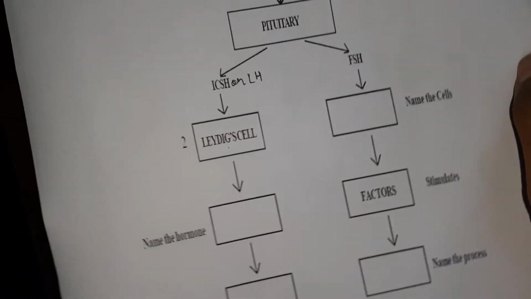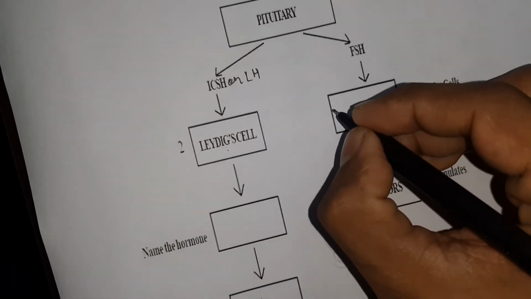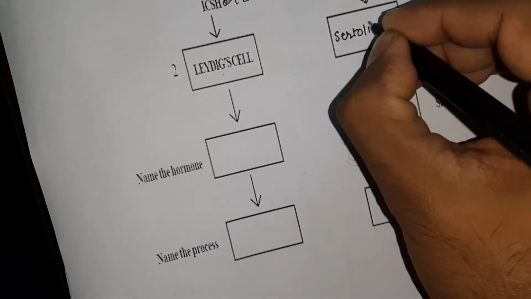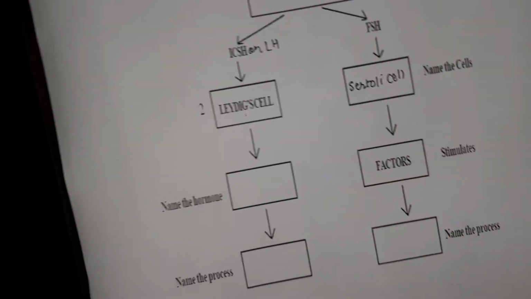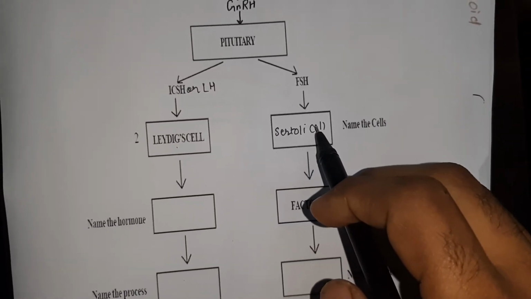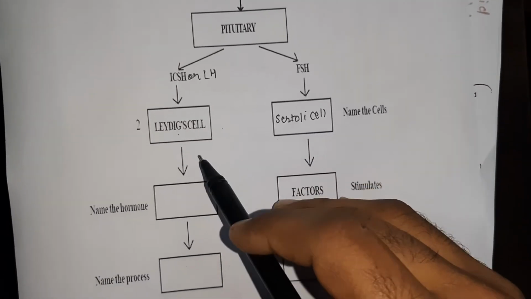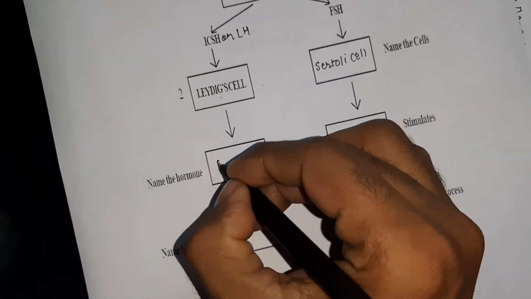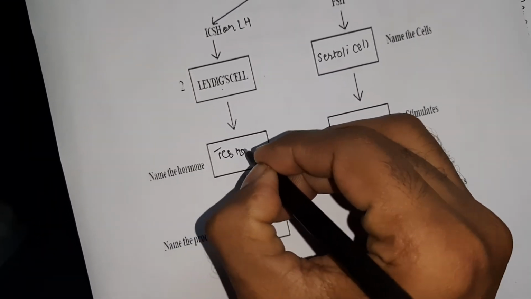follicle stimulating hormone acts on the Sertoli cells, and Sertoli cells are present inside the seminiferous tubules. Then Leydig cells will release the androgens. Do you know the particular androgen? That is testosterone.